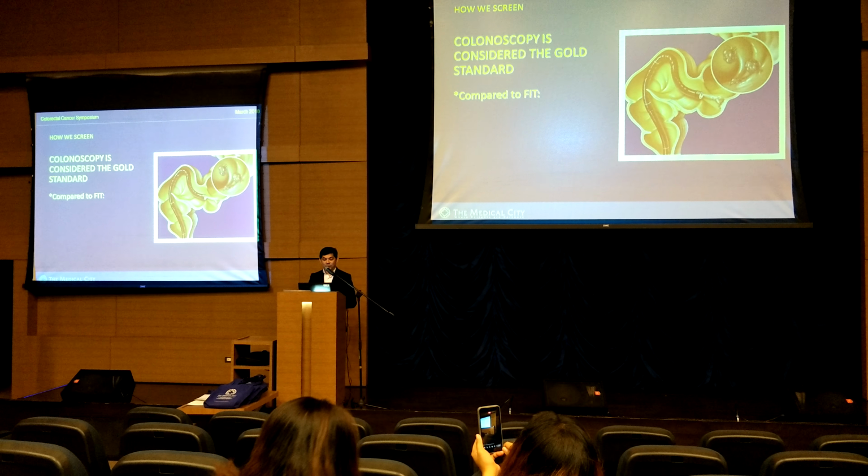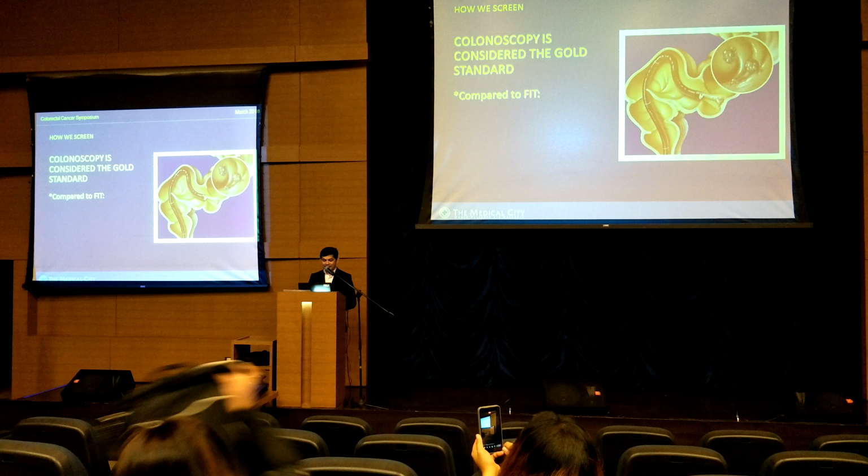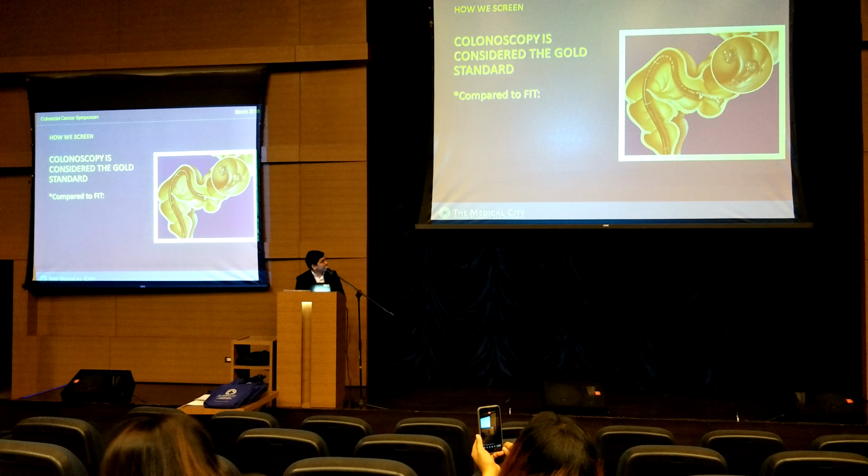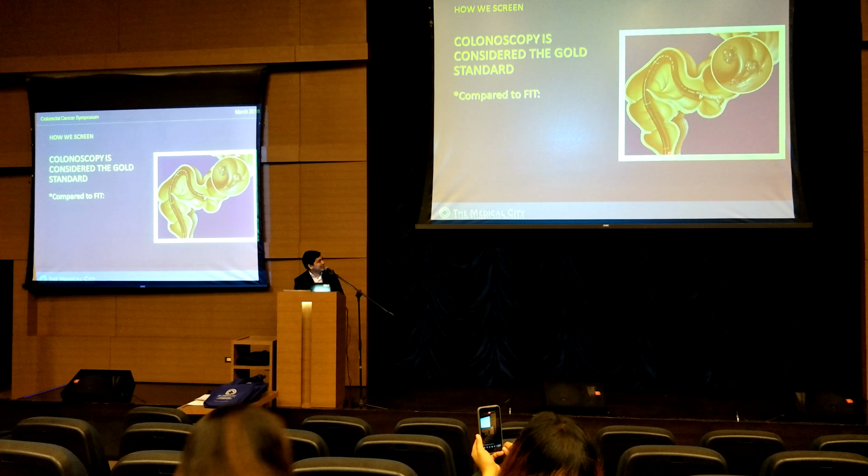Compared to FIT, this is a diagram of a colonoscopy. This is a colon, and you have this flexible scope. You could see a polyp here, you could see cancer. In that way, it is a more accurate exam for looking for cancer and polyps.